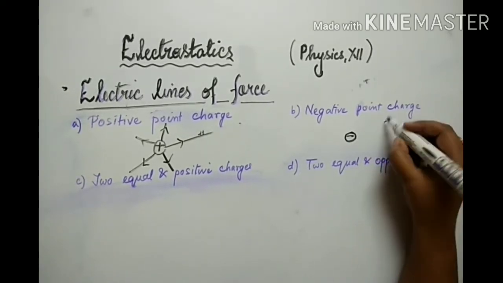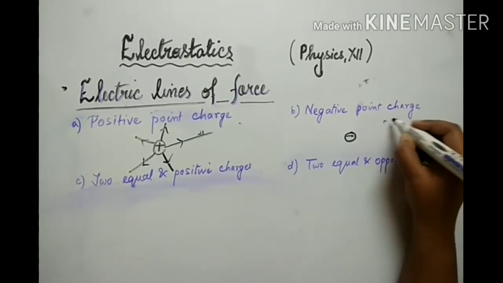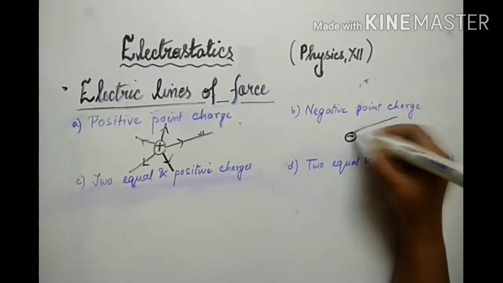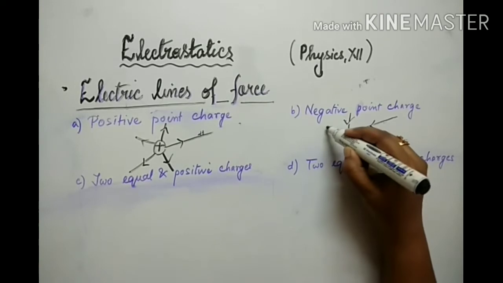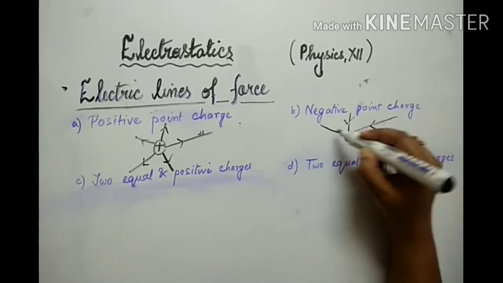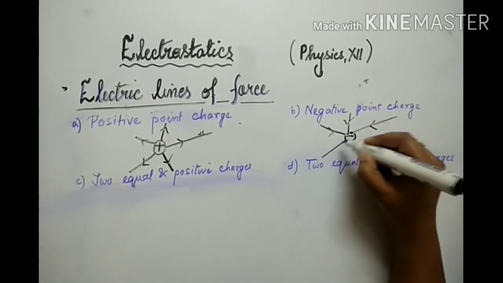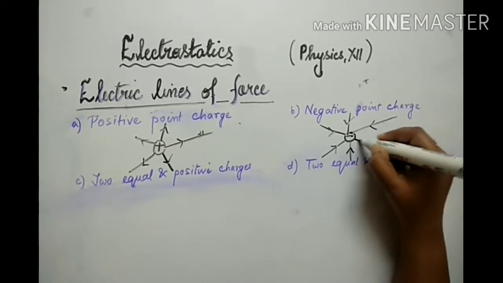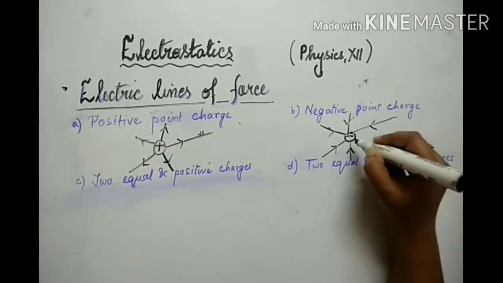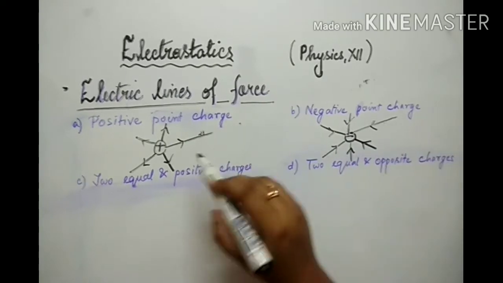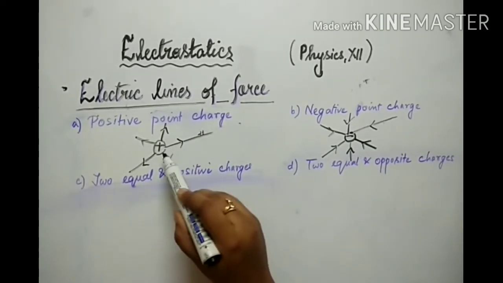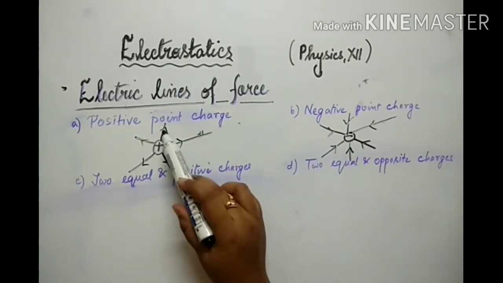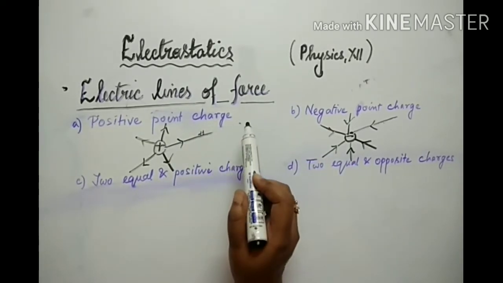If it is somewhere here, it will be attracted in this direction, and here as well. Hence, all will be along the radius and towards the negative charge. Now, as I discussed earlier, since these are single charges, these lines of force will extend up to infinity.